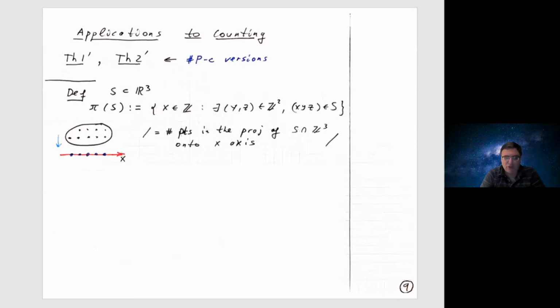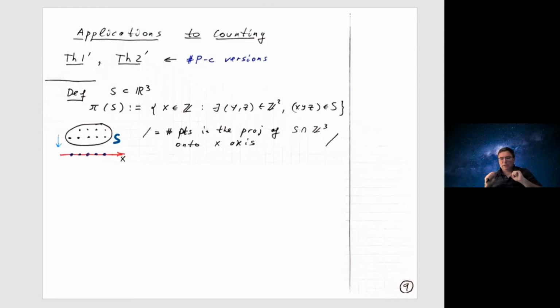Okay, good. So now here is the definition. I'm going to look at a set S, and I'm going to define pi of S to be the number of integer points in the projection, which are projections of integer points in my set. So in this picture, my set S is here. I'm going to take all integer points in my set S, project them down, and count the number of integer points in the projection.